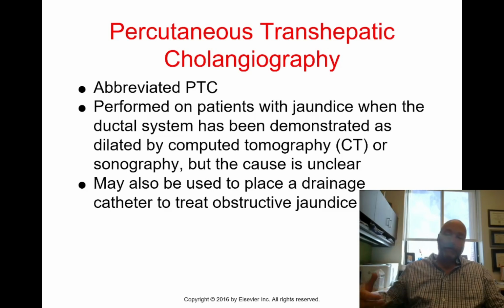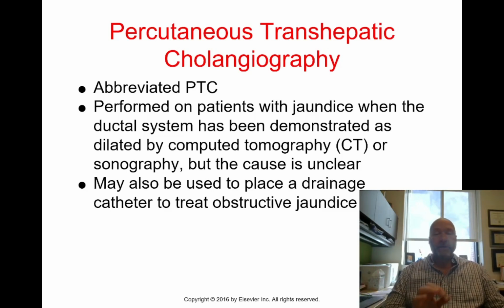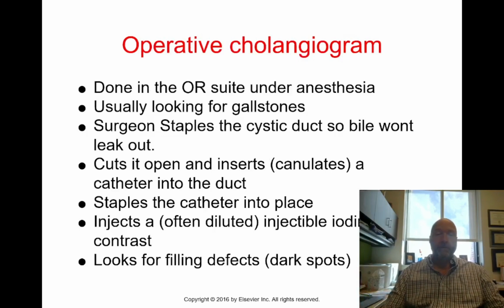And what they'll do is they'll stick the patient through their external abdominal wall until they can find one of the ducts, and then they'll inject directly into the duct. So again, what they're looking for is to try to find any kind of obstruction. What's preventing the bile from flowing either into the common bile duct or into the gallbladder, either one.